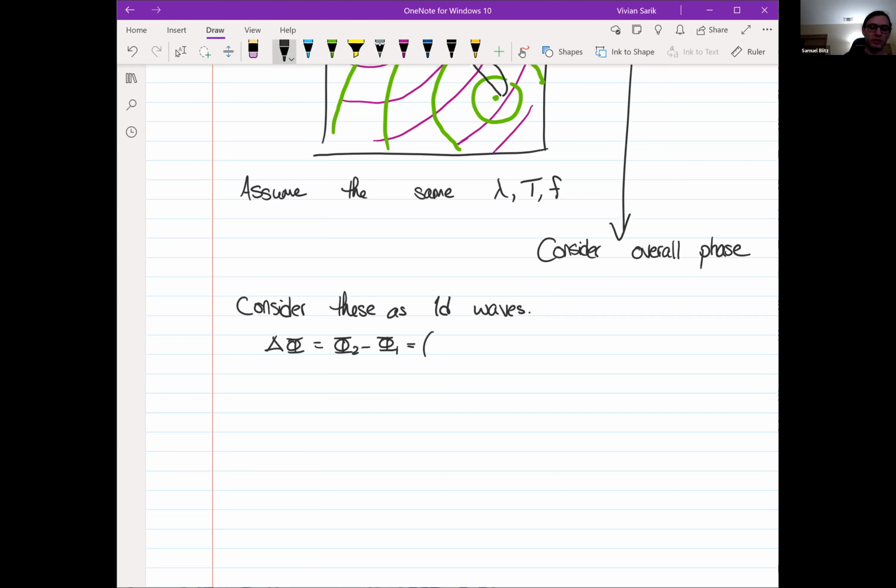So in this case, this would be 2πx2/λ + 2πf t2 + φ2, minus (2πx1/λ + 2πf t1 + φ1).